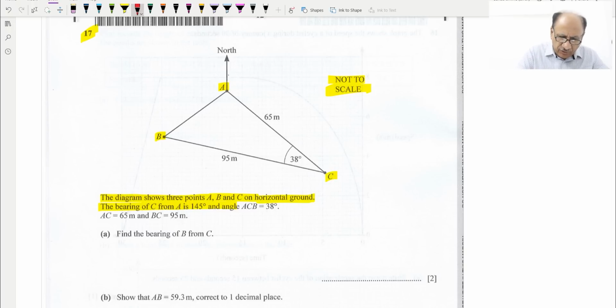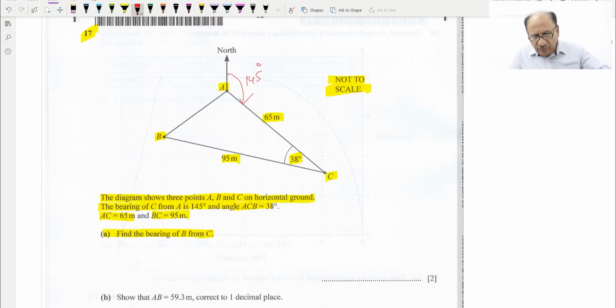So 145 is this angle, bearing of C from A. And the angle ACB is already given, which is 38, and then they are saying AC is equal to 65 and BC is equal to 95 meters. Find the bearing of B from C.